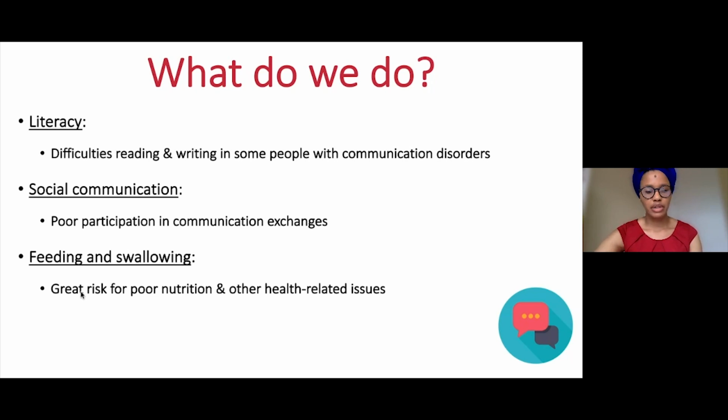So during a conversation, someone with poor social communication skills may have difficulty participating in communication exchanges, in that they might end up, for example, giving answers not related to the conversation being had, or they might also tell stories that actually don't make much sense to their communication partners.